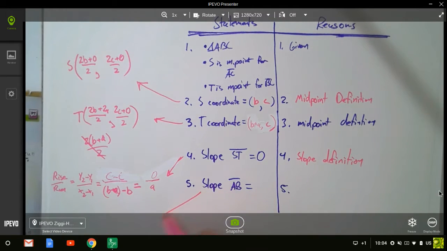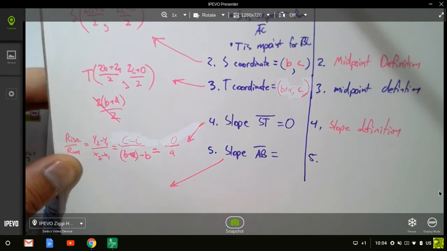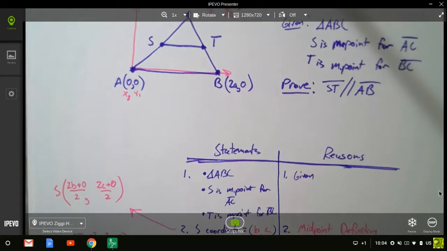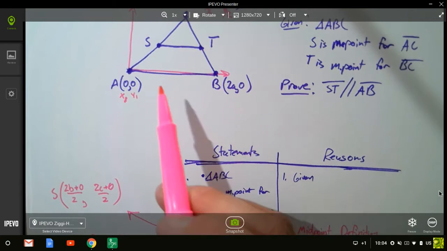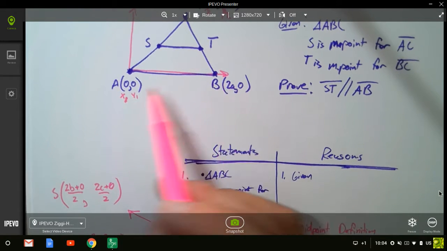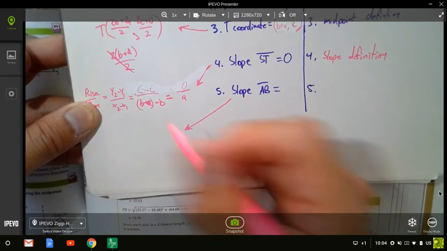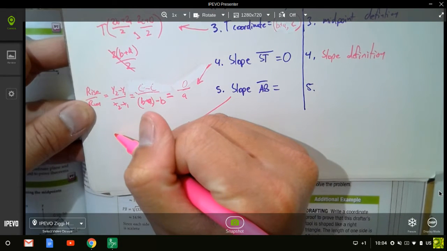Okay, so the slope here will be from A to B. So we're going to put 0 minus 0. If you can see that there, we're going to take the y values of A and B. If you want to rewrite it, it's y2 minus y1.